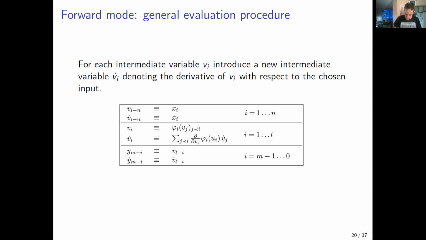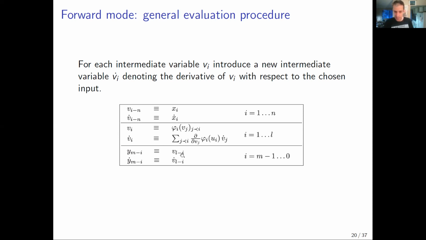That is, we have some derivatives of inputs to phi i with respect to our chosen input. And then we want to get the derivative of the output of phi i with respect to our chosen input. And we can do that by propagating forward using chain rule. So using this procedure, in every step we compute vi, that is the ith intermediate variable, and we also compute vi dot, which is the derivative of the ith intermediate variable with respect to the chosen input.